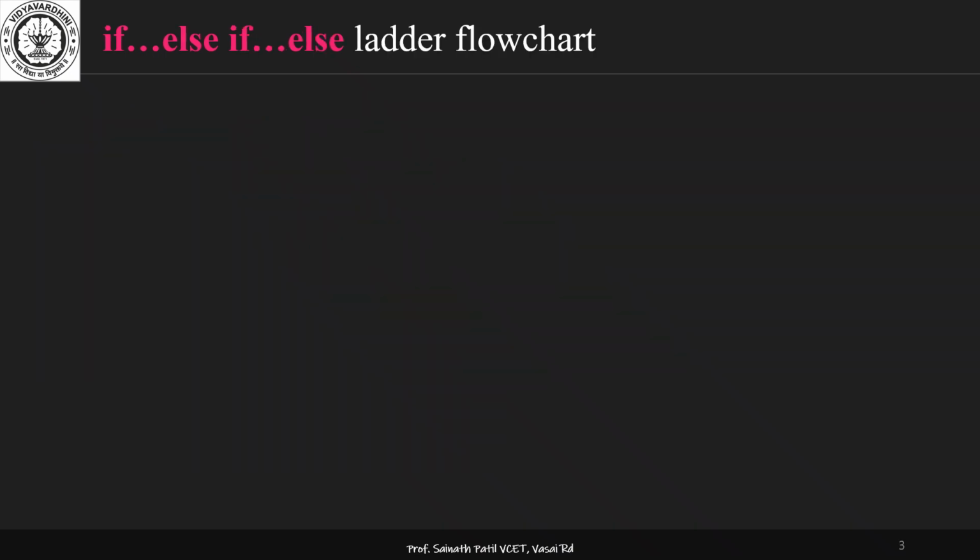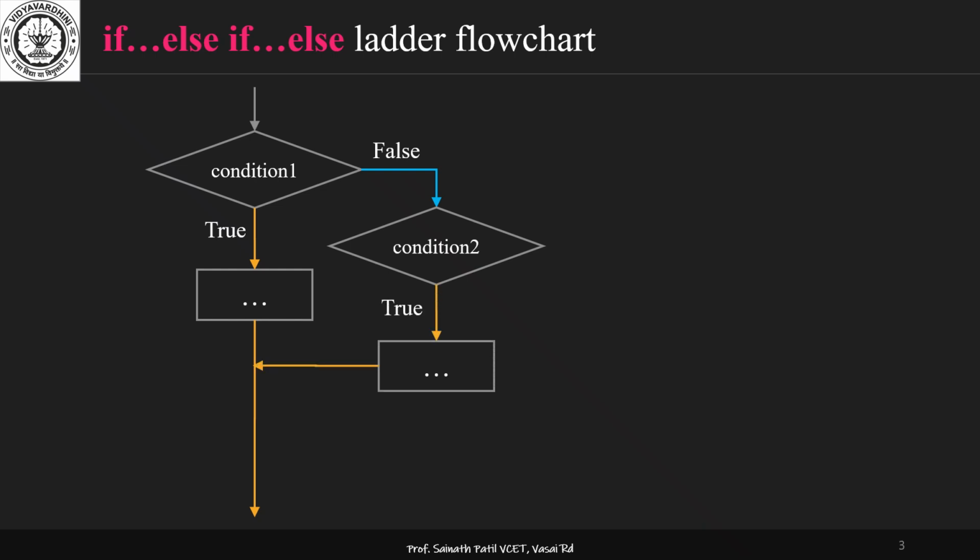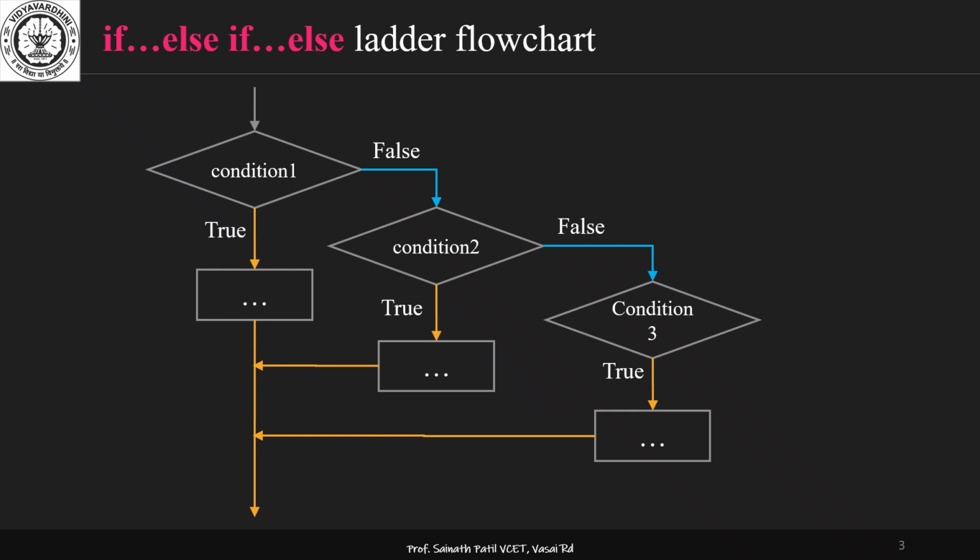From the flowchart, you will understand better. For example, if the first condition is true, it will execute the statement under it and go on to the remaining program. If the first condition is false, it goes to the else part and checks condition 2. If condition 2 is true, the statement under it gets executed. If condition 2 is false, it goes to the else part and the third condition is checked. If it is true, it gets executed and goes on to the remaining program.